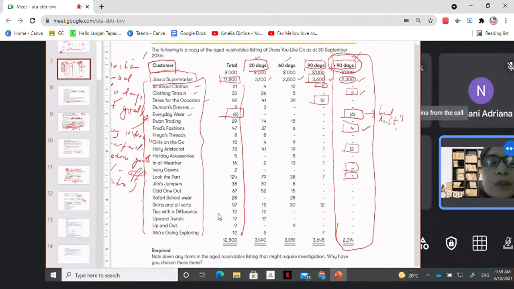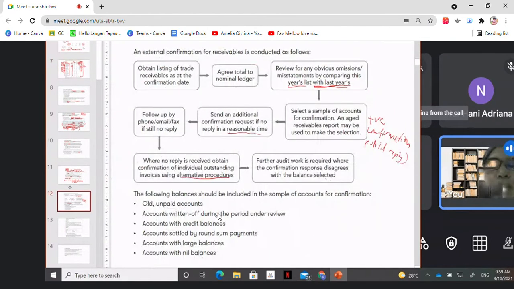But when I send the confirmation letter to everyday wear, they stated the amount at a positive balance. So what kind of audit procedures do you have to extend? So this is you should extend your procedures.